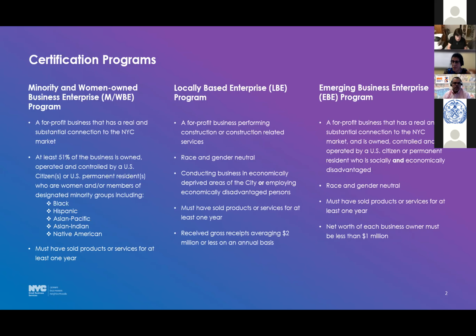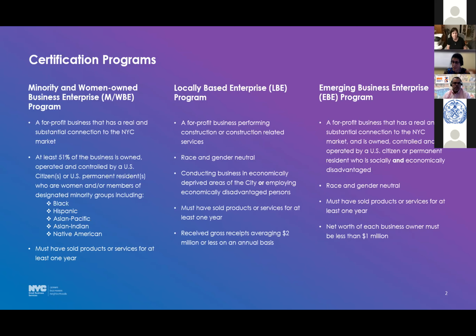The EBE program is also race and gender neutral. The difference with this program is we look for candidates who can prove some social or economic disadvantage. We usually use examples of people who have been incarcerated, service disabled veterans, and people who can, through paperwork, show us that they have been socially or economically disadvantaged.